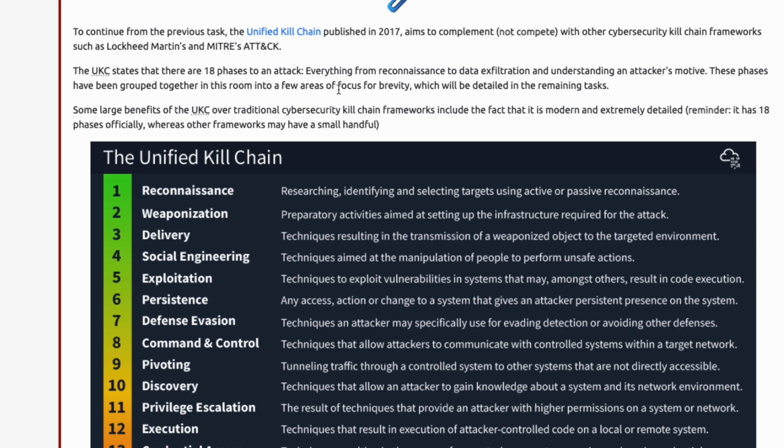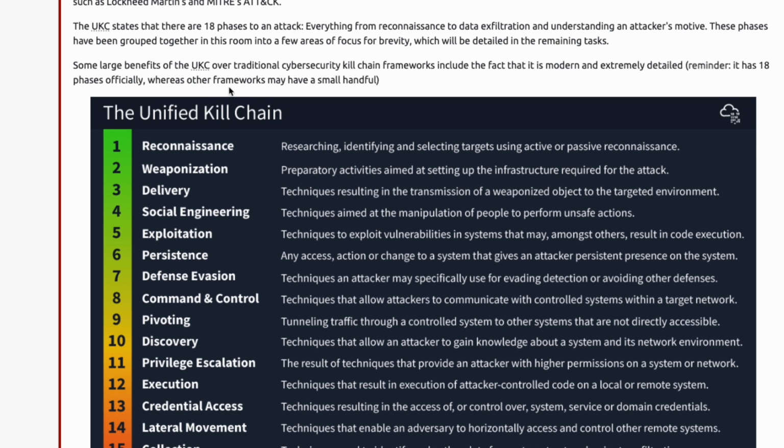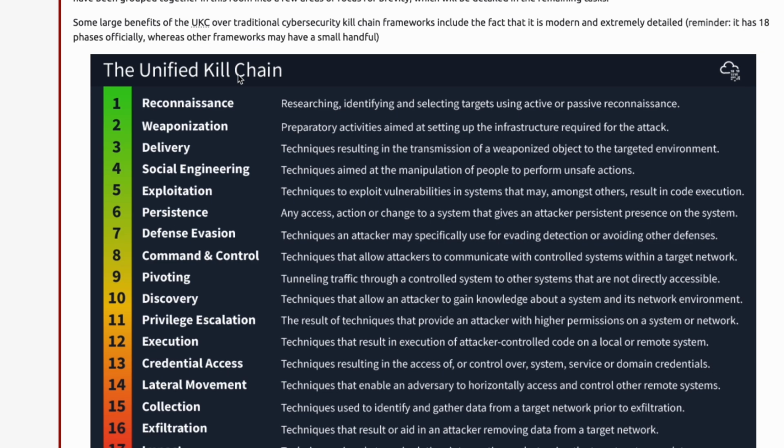Everything from recon to exfiltration and understanding the attacker's motive. These phases have been grouped together in this room into a few areas of focus for brevity, which will be detailed later on. Some benefits of the UKC over traditional cybersecurity kill chain frameworks include the fact that it is modern and extremely detailed. Remember that it has 18 phases where the other frameworks have a handful.